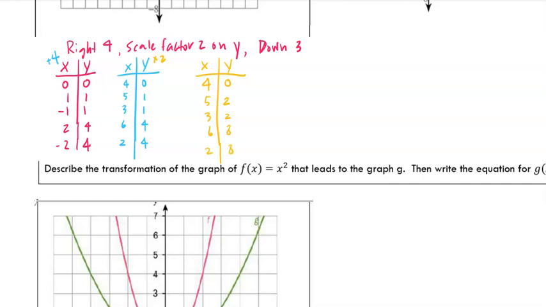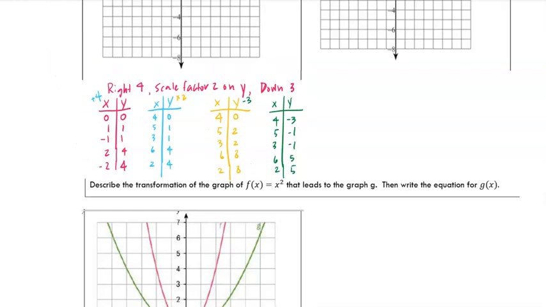We're going to go down 3, so we're going to subtract 3 from the y values. So 4, negative 3, 5, negative 1, 3, negative 1, 6, 5, and 2, 5.